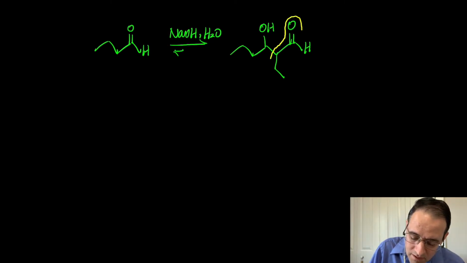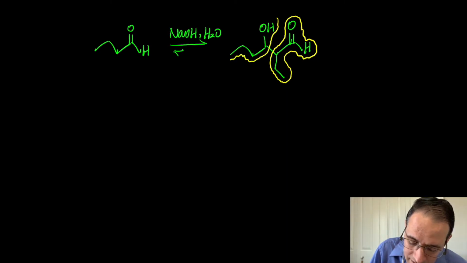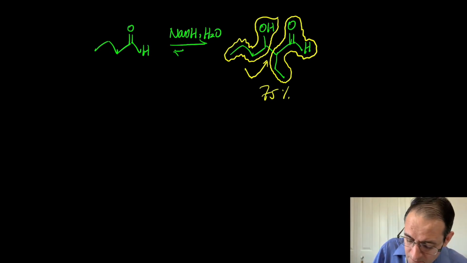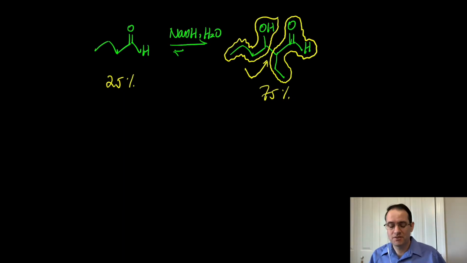This is an aldehyde starting material. There are your 4 carbons, and you can see how there's a new carbon-carbon bond right there. At equilibrium, you have about 75% of the product and 25% of the starting materials. That's just an equilibrium mixture that exists when this reaches chemical equilibrium.